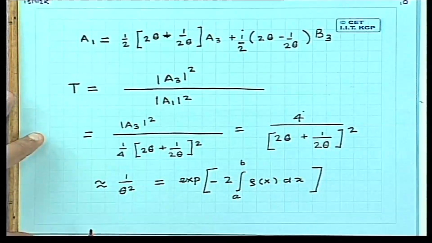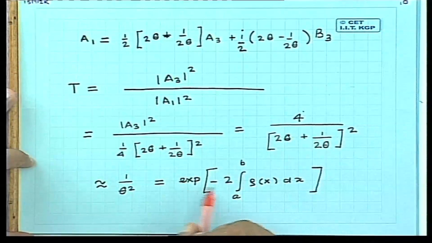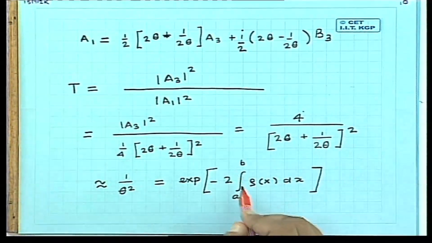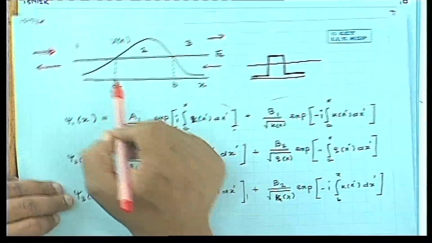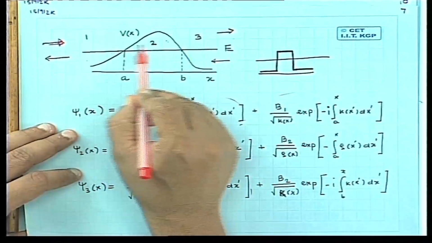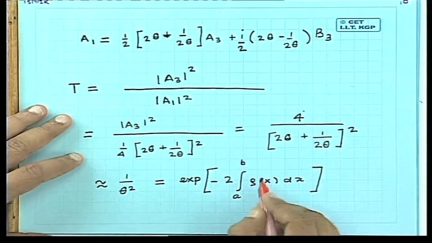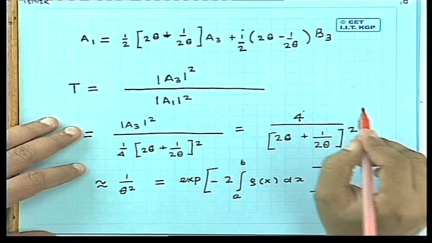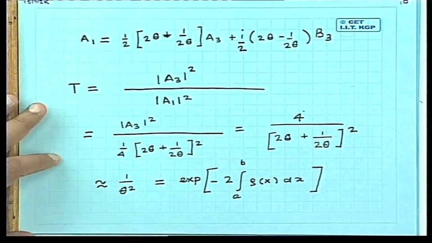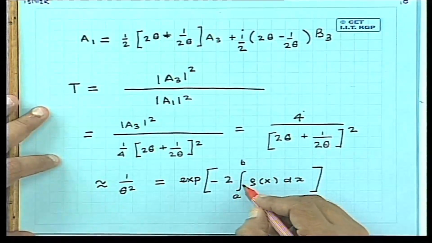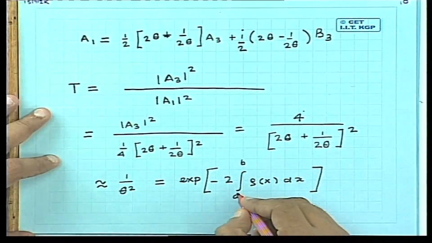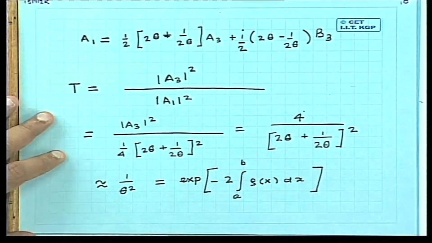So the transmission coefficient was expressed in terms of a variable theta, where theta is the integral from A to B. A and B are the classical turning points. Theta is the integral of the square root of 2m (V minus E) by h cross squared. So you have to integrate this quantity between the two classical turning points.